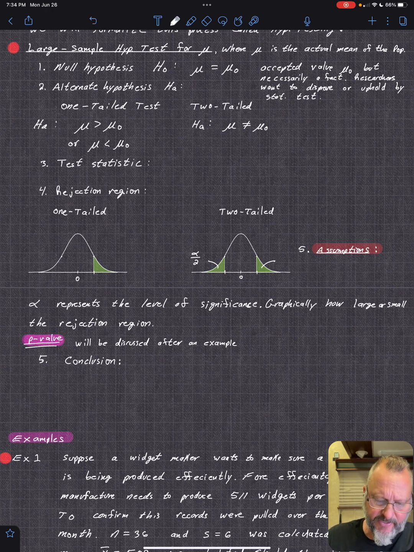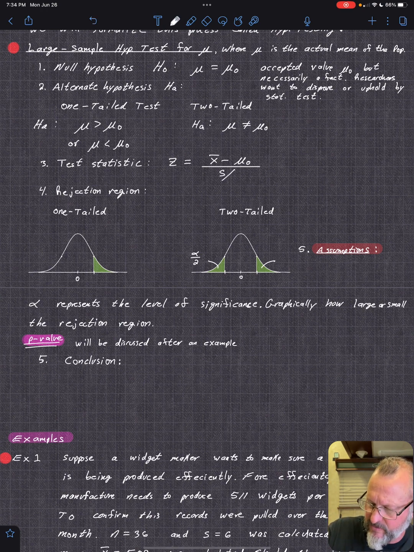Then you calculate your test statistic. This is when you gather your information. You're going to need your X bar, your S, and your N. So your test statistic is Z equal to X bar minus mu naught. Remember, you don't know mu necessarily.